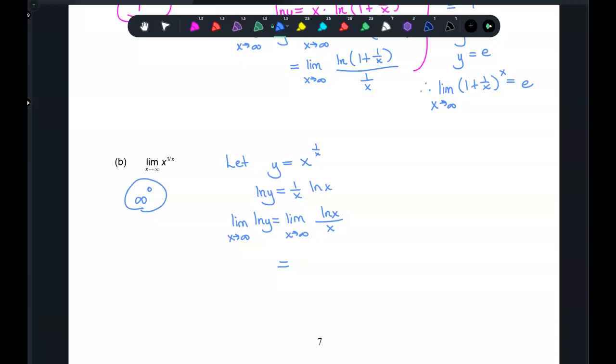We actually don't have to do any real manipulation. I just changed it so it's natural log of x over x. So now it's infinity over infinity. So the derivative of natural log is 1 over x over 1. We get 0.